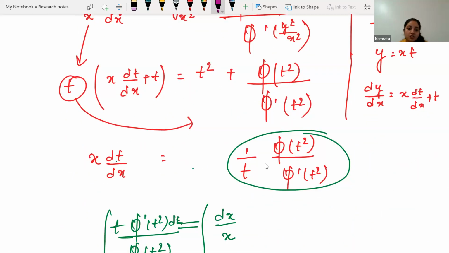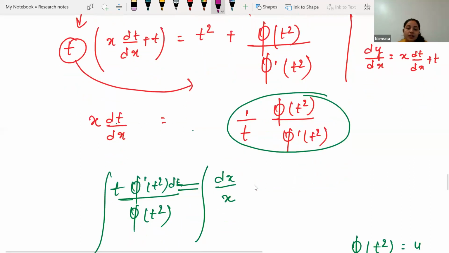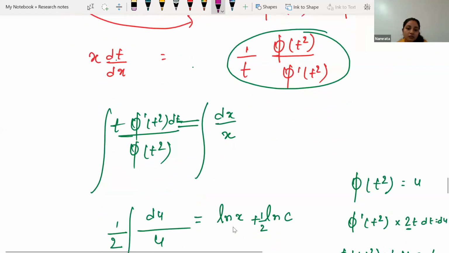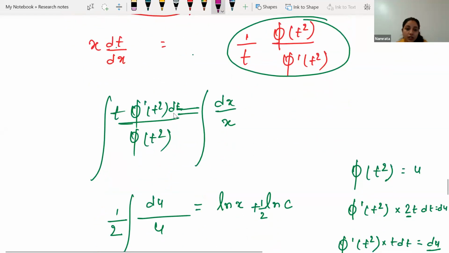Variable separable: we just need to separate the terms according to the given variable, and then we will be able to do the integration. So we have done that, and then we are just doing the integration. Don't get confused, again we are substituting. That is part of the integration. If we have any integration, any method we have to apply, be it the method of substitution, trigonometric substitution, partial fraction decomposition, or integration by parts, that is part of integration.